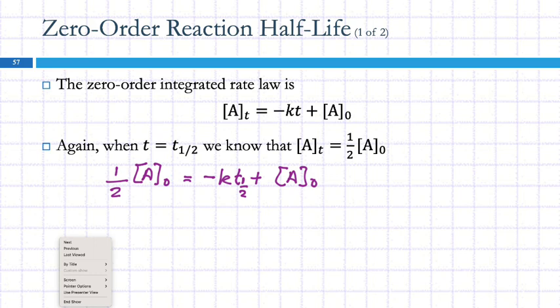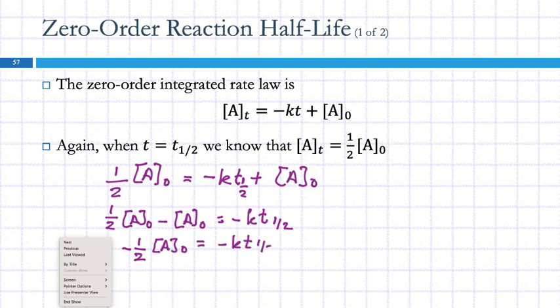So we can subtract A0 from both sides, and we get 1/2 A0 minus A0 equals negative K T1/2. And this is like 1/2 X minus 1, so it's going to be negative 1/2 A0 equals negative K T1/2.